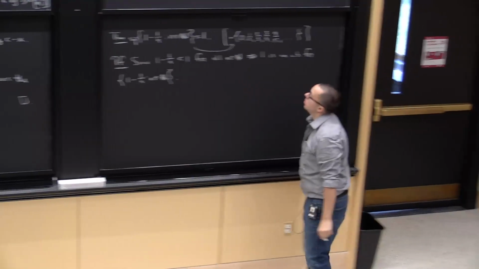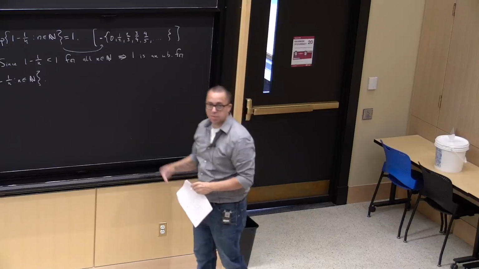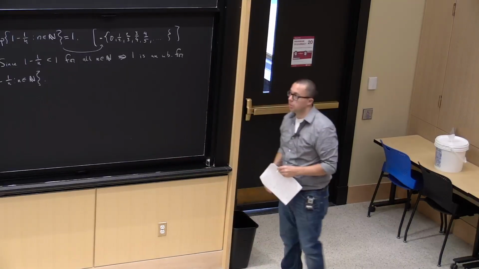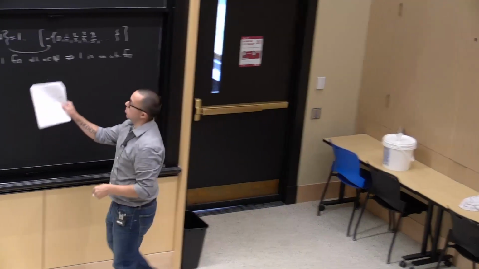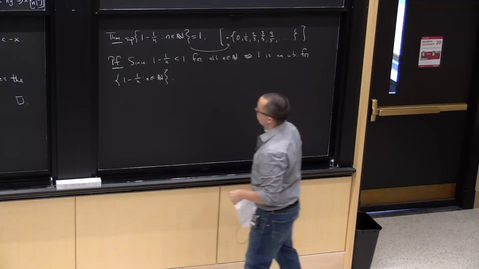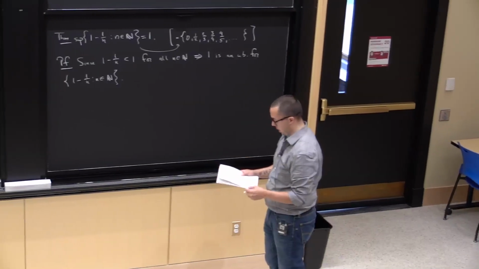Now we're going to verify that 1 satisfies that second property of the theorem, that for every epsilon positive, I can find a natural number n so that 1 minus 1 over n is bigger than 1 minus epsilon. And we'll use the Archimedean property for that.